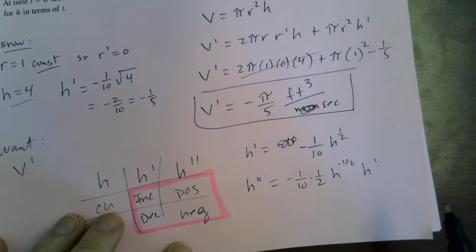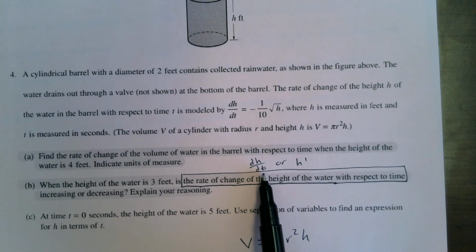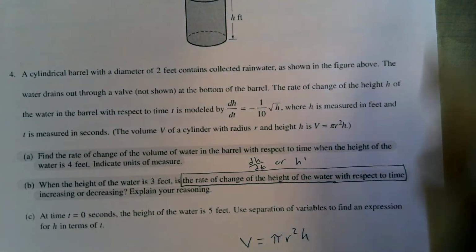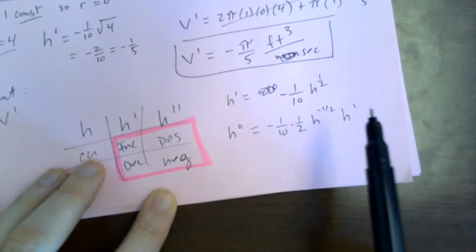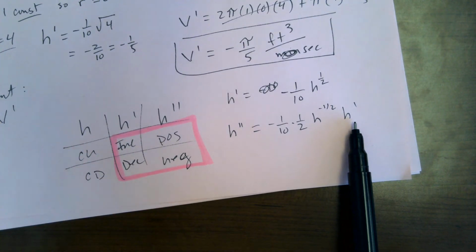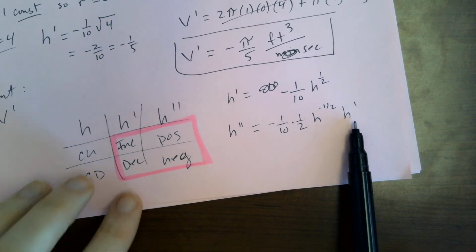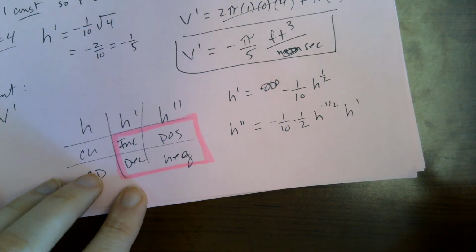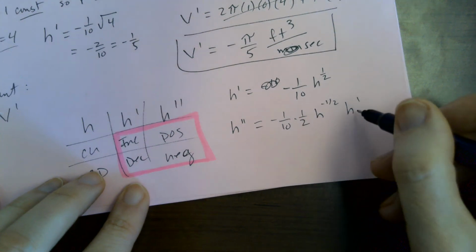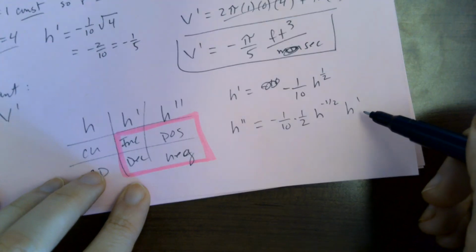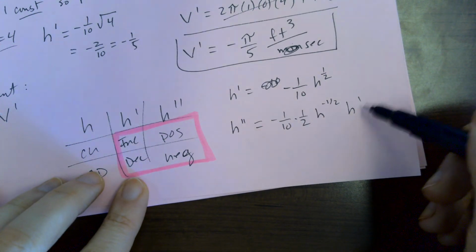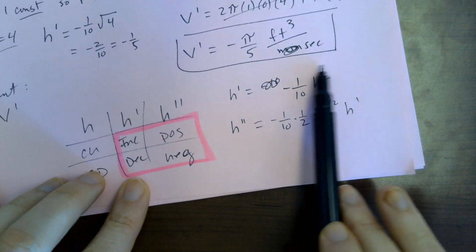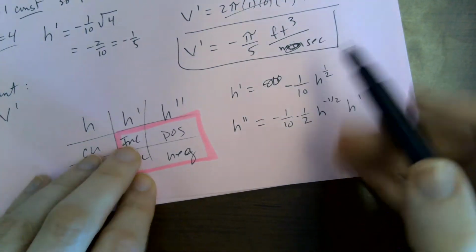Because we're doing dH/dt, we need the chain rule on it. The H prime is the chain rule part, since H is actually H of t. But then, what is H prime? H prime is this, so that goes back in there.